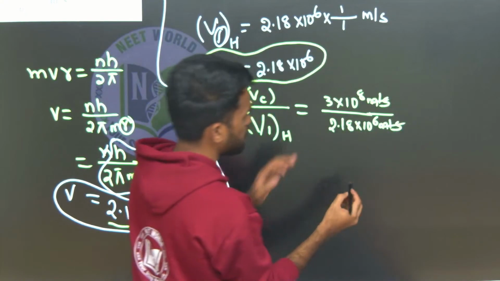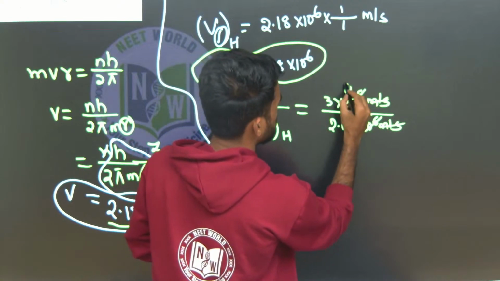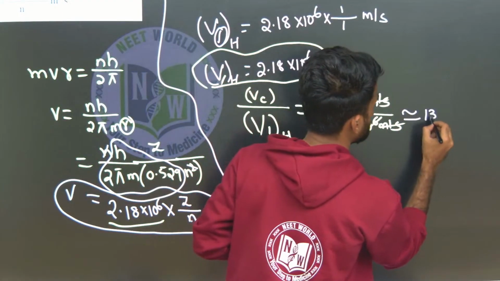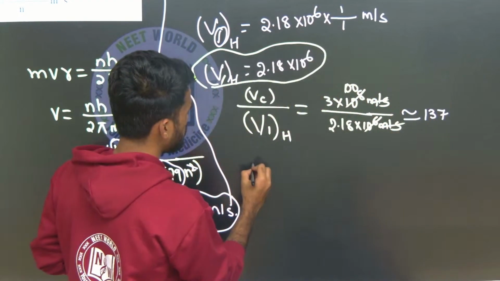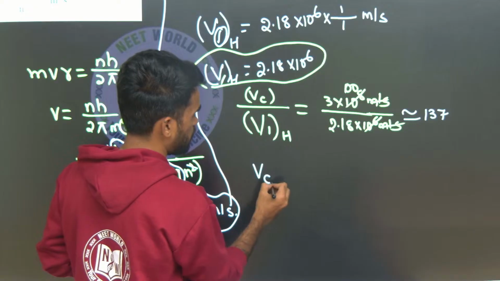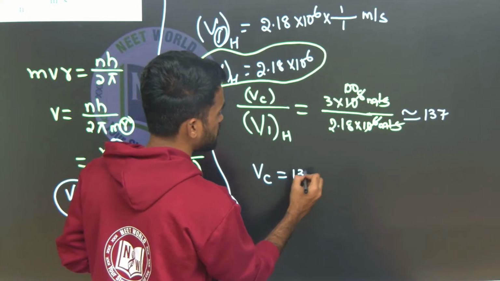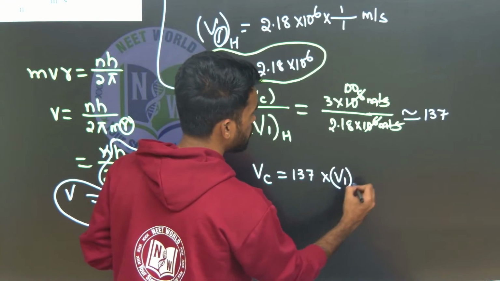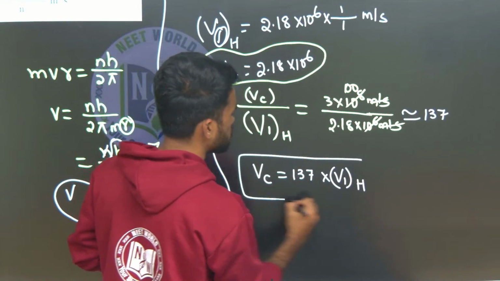By simplifying, 300 by 2.18 gives around 137. So the speed of light is 137 times faster than the velocity of the electron in the first Bohr orbit of hydrogen atom.